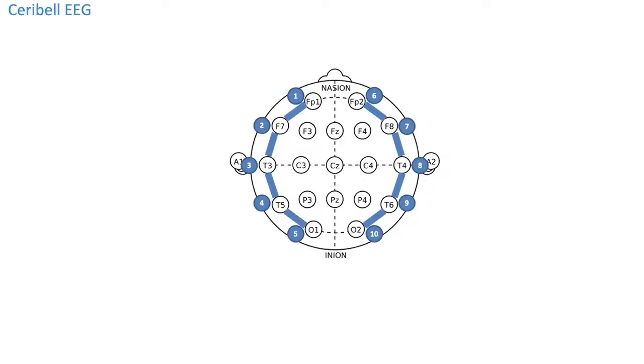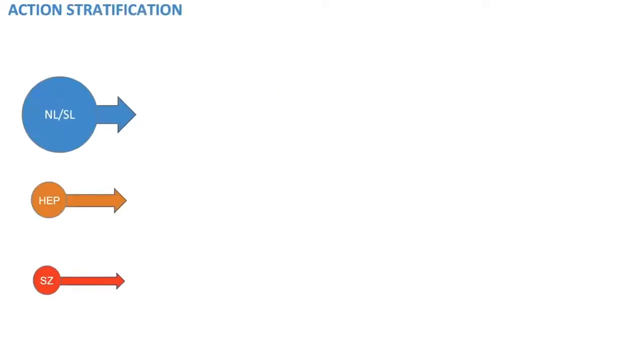We designed it this way because, as we have shown in multiple publications, this particular montage is perfect for differentiating, or basically stratifying, your action on a given patient you have been consulted on as a neurologist, neuropractitioner.